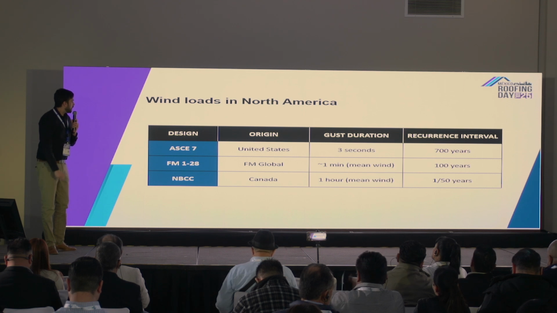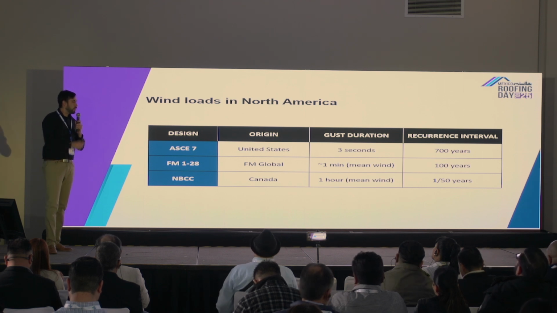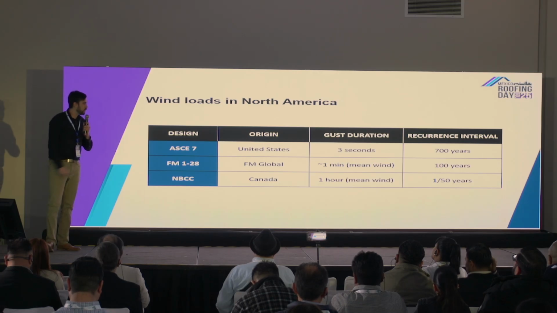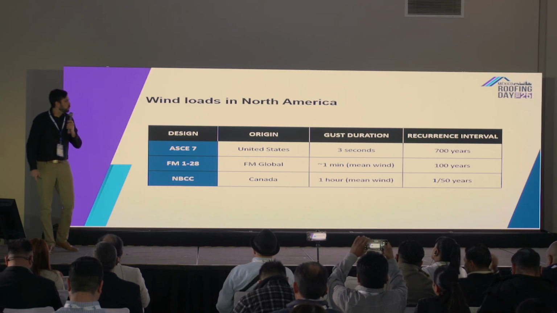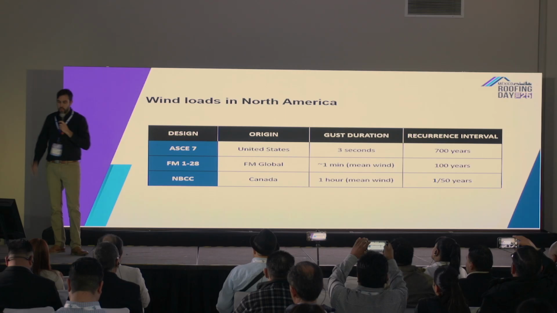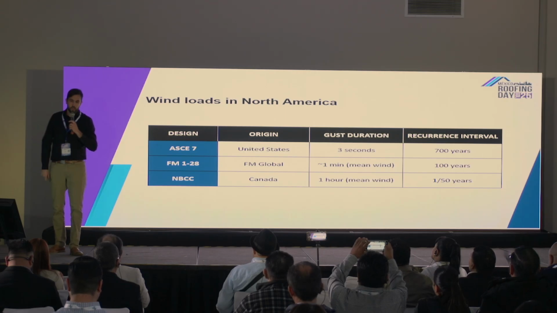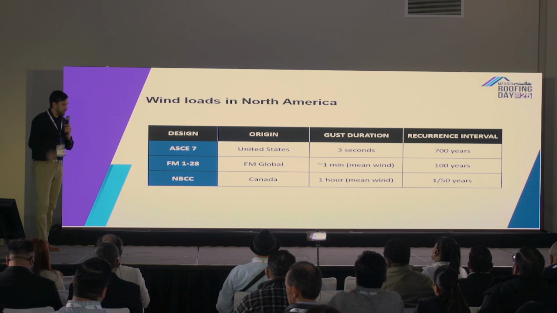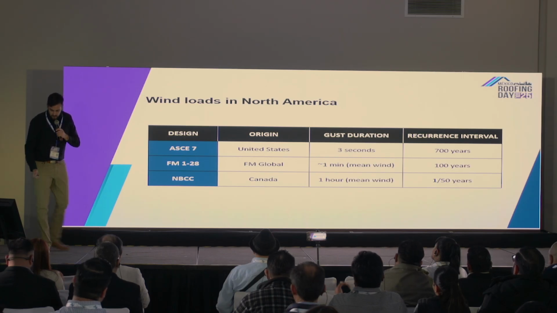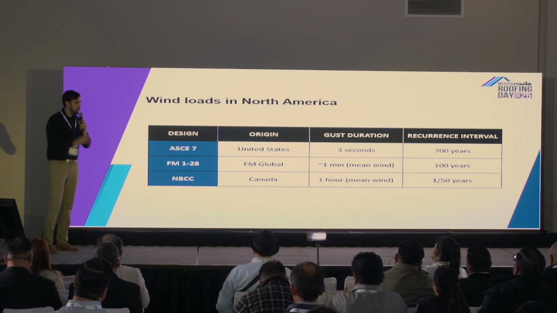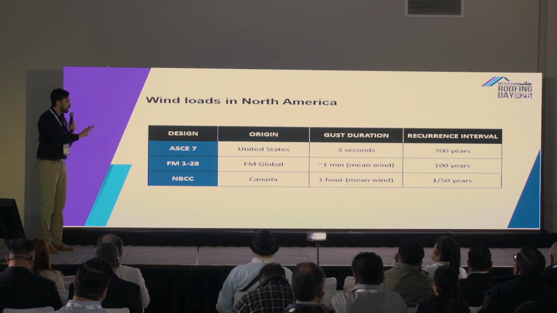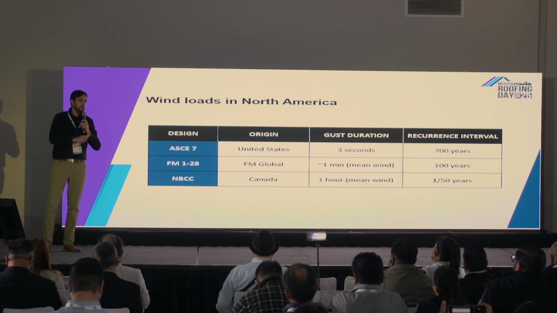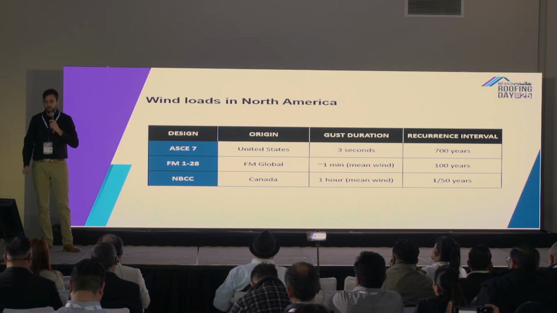I always look at the ASCE 700 years and it puts a smile on my face, because probably we never measured the wind speed on a building 700 years ago, but again, it makes me smile a little bit. So just bear in mind that each and every one of them is different, and it does matter when you're going to try to measure the wind uplift resistance of the assembly.